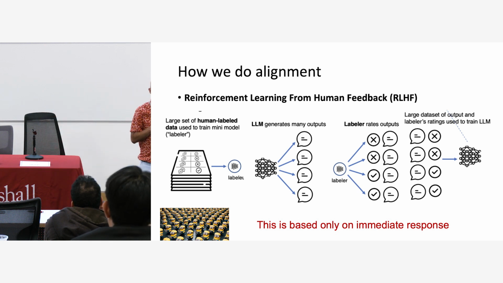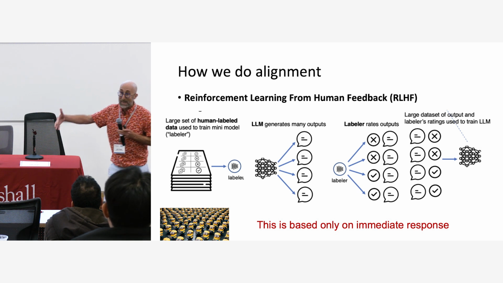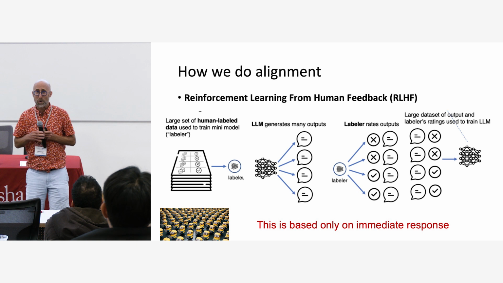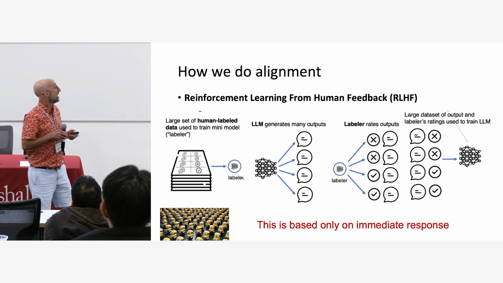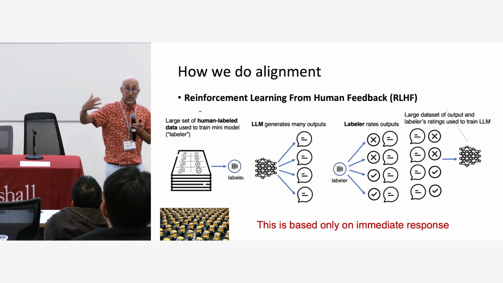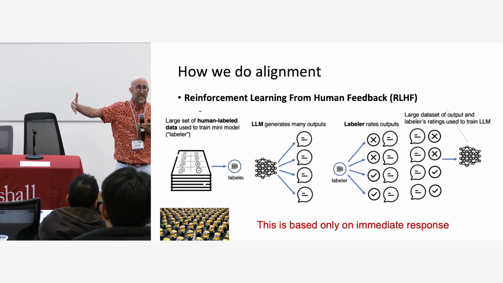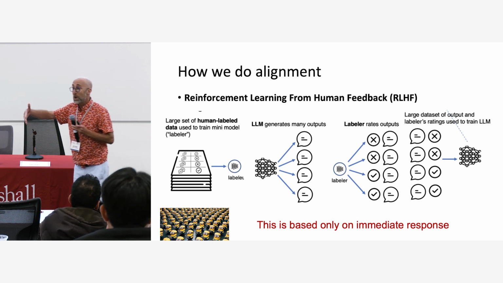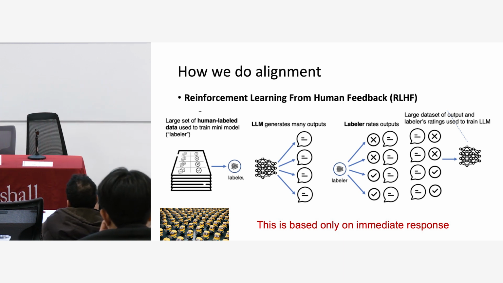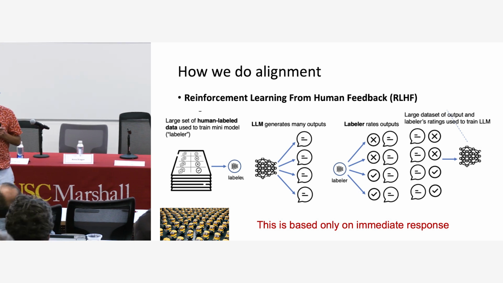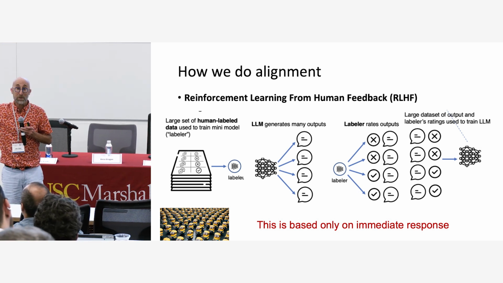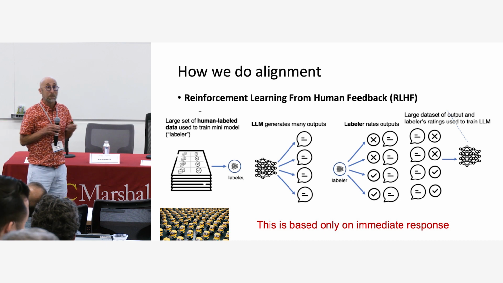Then generate the responses from the large language model, and use the automatic labeler to label the responses. Those are the immediate responses. And then fine-tune it with reinforcement learning. The details don't matter. What's it all about? Was the immediate answer that was given one that human raters or models of human raters think is good, right? Immediate response.